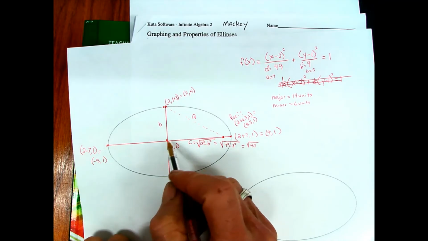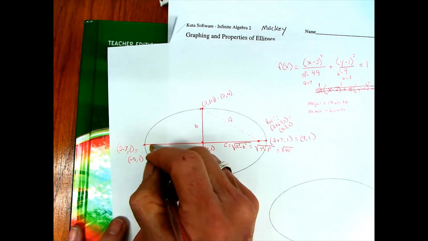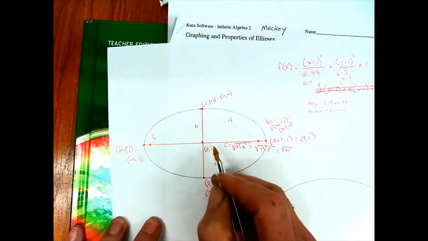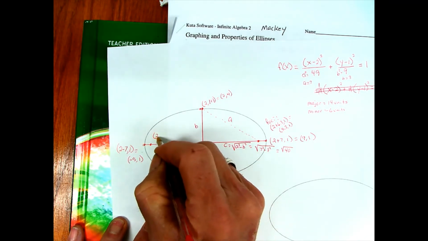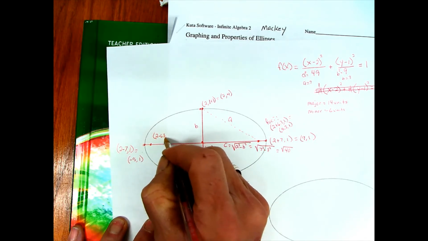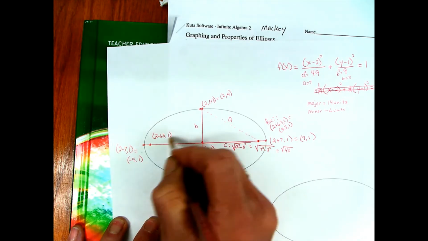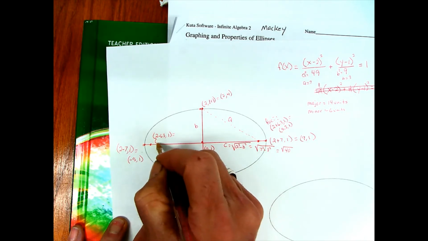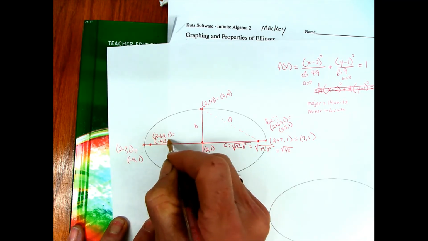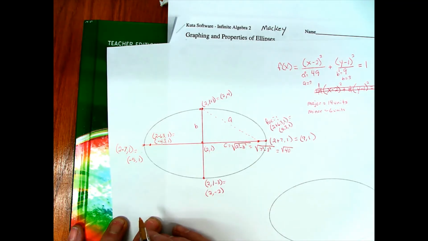And then do the same thing for the other foci. It's going to be right about there. It is going to be the center point, 2 minus 6.3, comma 1. So that's going to give us the point negative 4.3, comma 1. That's that point right there.